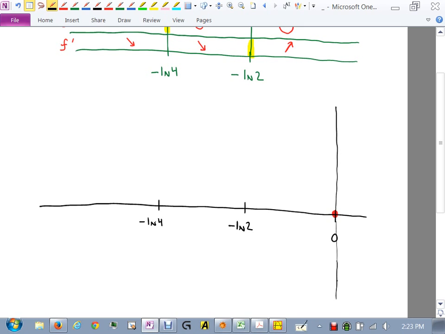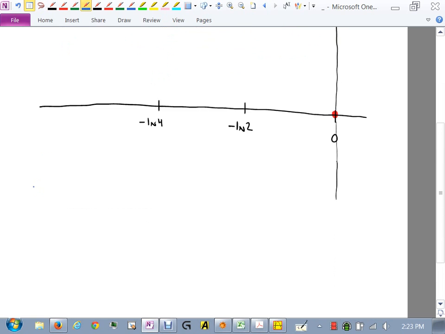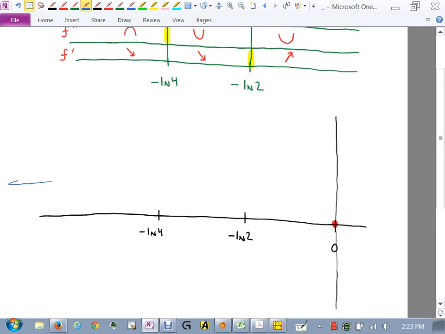What is my graph doing as I go to the left? It's going towards 0. So remember that as I go out this way, it goes to 0. That means getting closer to the y-axis, isn't it? What about going out the right side?